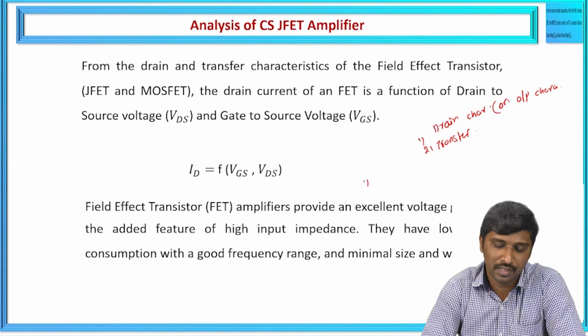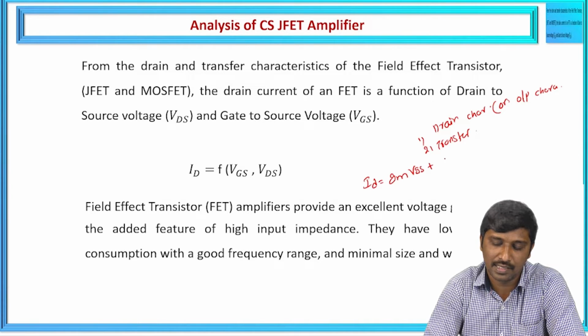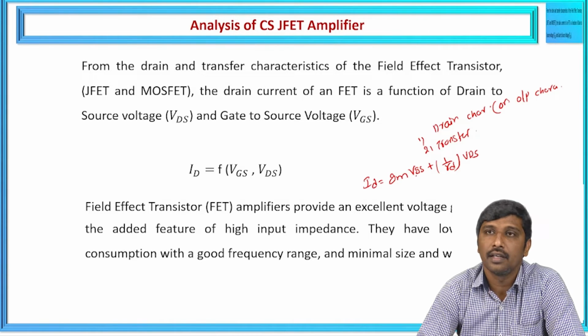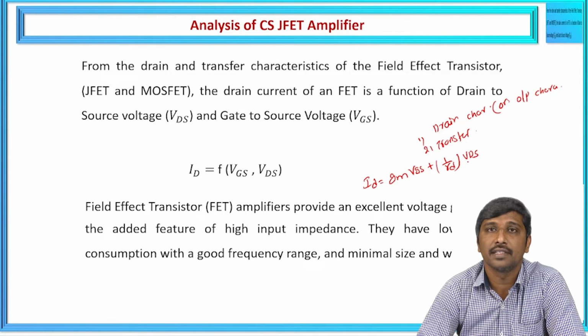Based on the small signal model, we can represent ID as gm times VGS plus 1 by rd into VDS, where gm is the transconductance, VGS is the potential difference between gate and source, the small rd is the internal drain resistance, and VDS is the potential difference between drain and source.